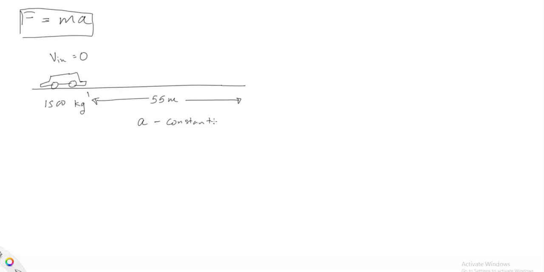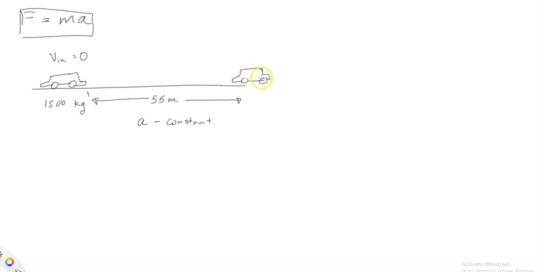We're going to talk about the simpler version of it, constant acceleration. So whatever the acceleration, it's going to remain the same for that given section of the problem, right? So here we say that starting from rest, for 55 meters, the car is going to accelerate at a constant rate. So after traveling 55 meters, now the car is here.